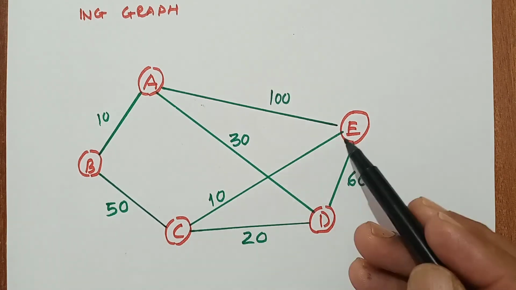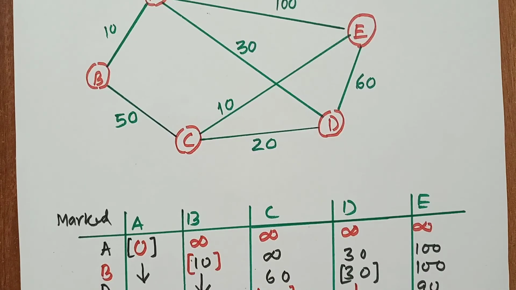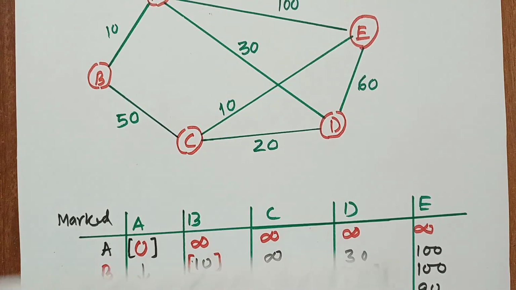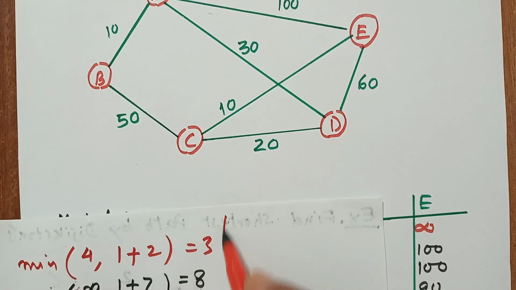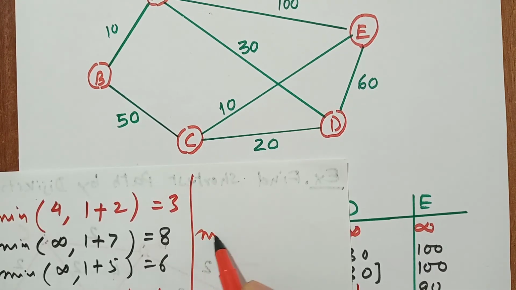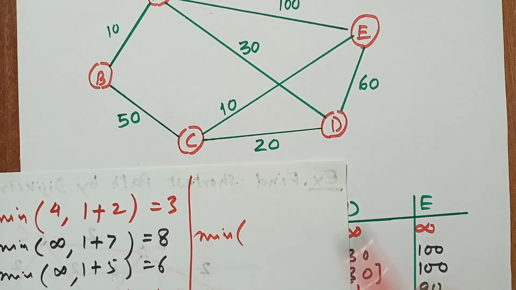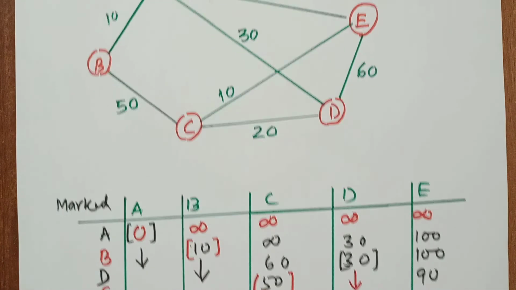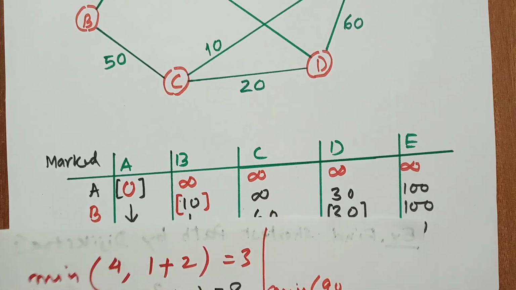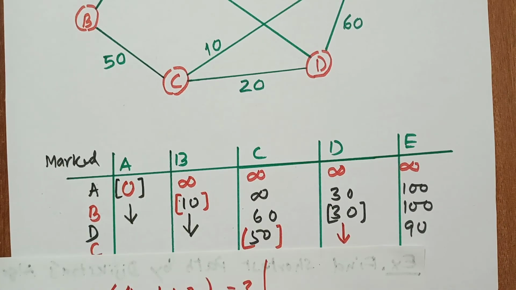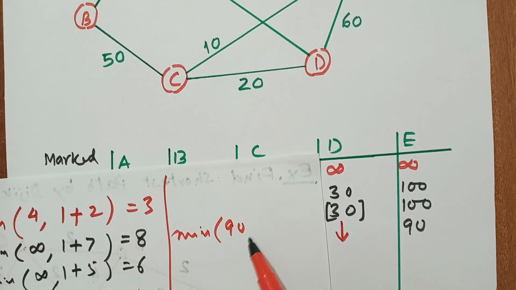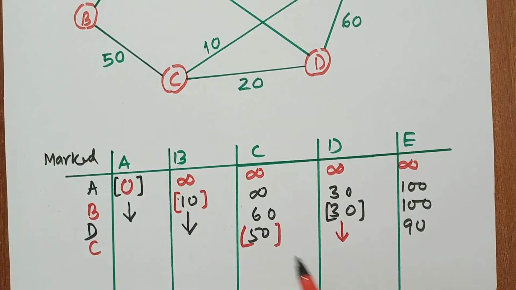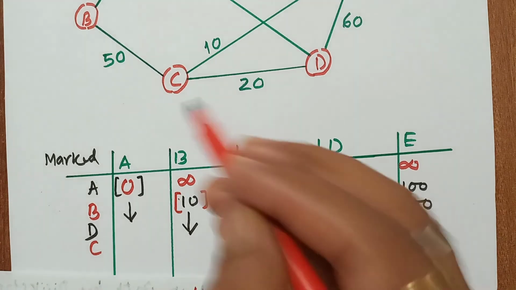Only C to E. So again we use the formula for C to E: minimum of the old destination of E, which is 90, and the marked value 50 plus the weight. For C to E the weight is 10.